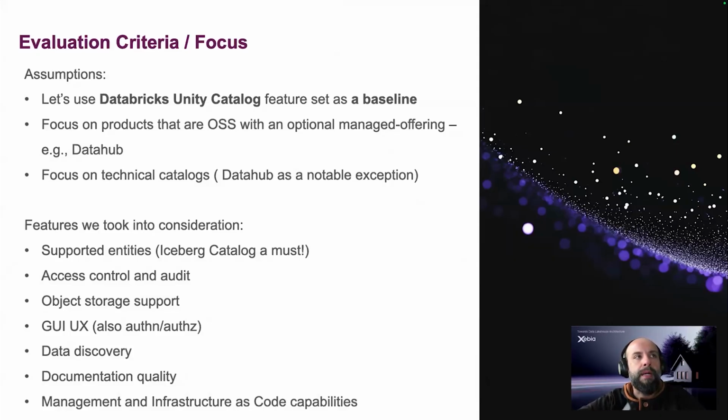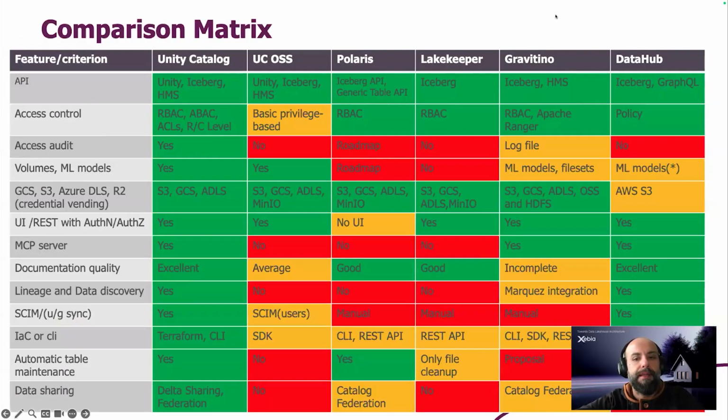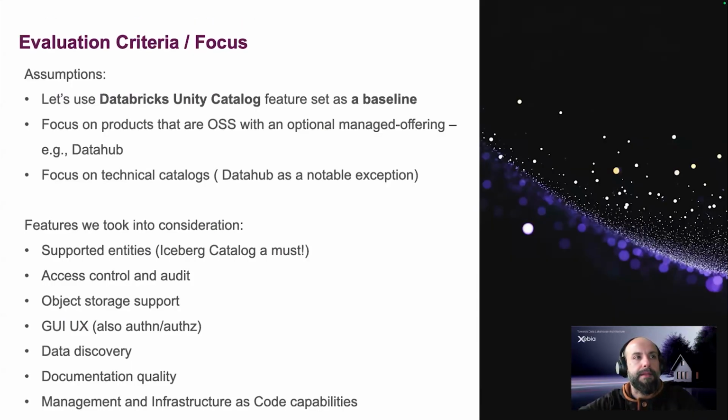We focus only on open source products because many customers are asking for advice in this matter. And we also added DataHub because it's open source and also has some features related to a technical data catalog.